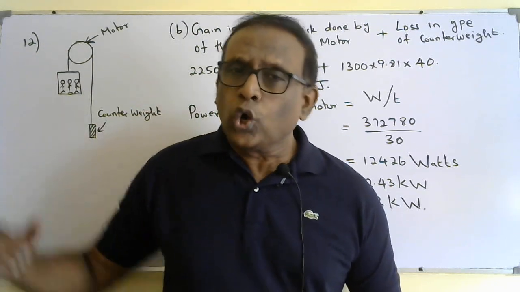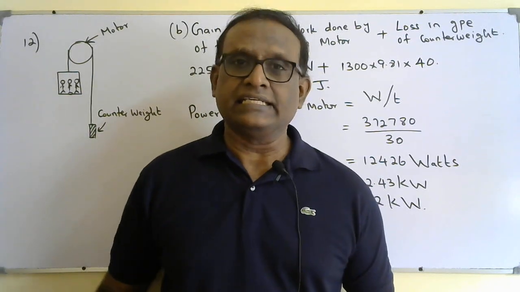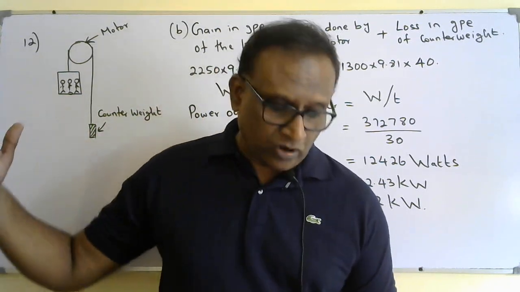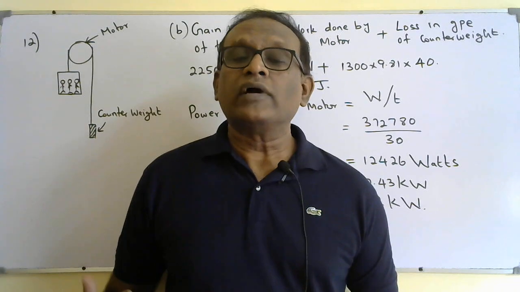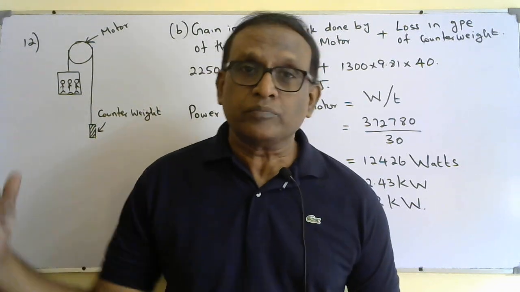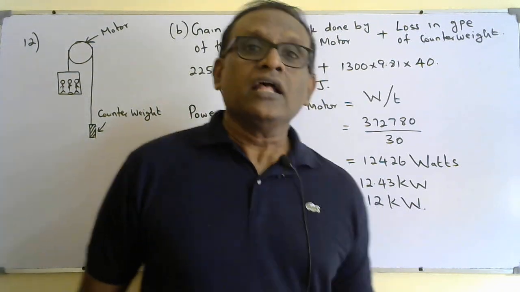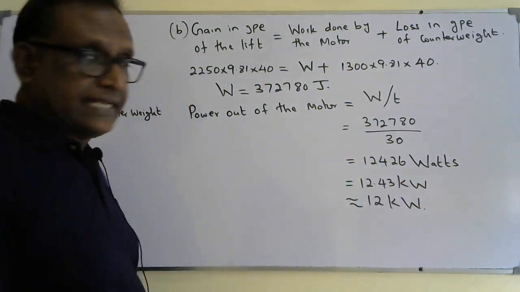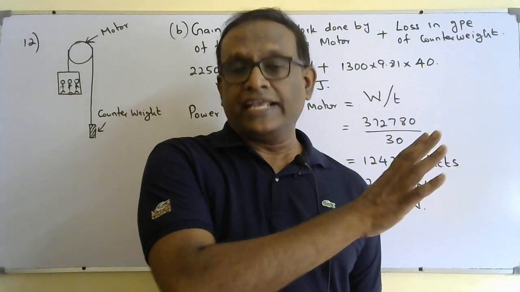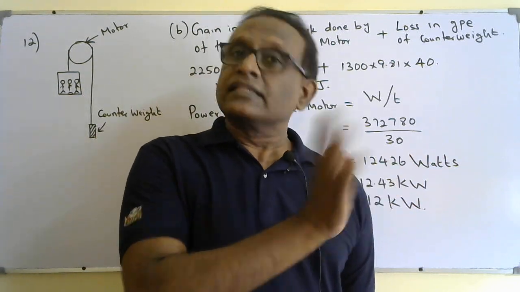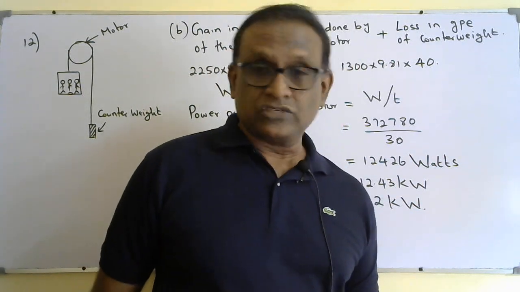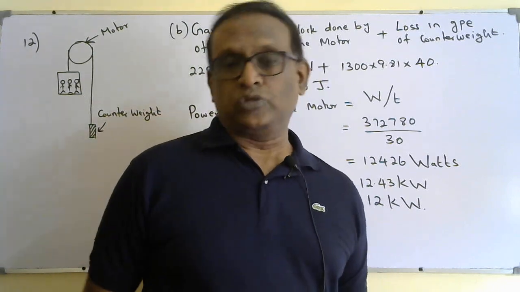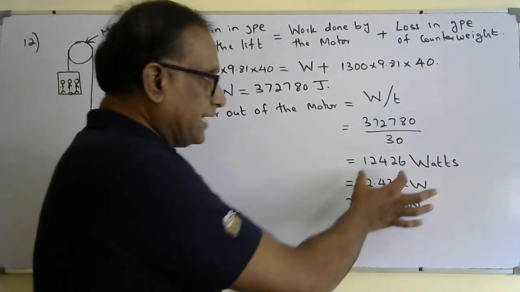So the total input power to the motor will be the useful output power, which is 12,426, plus the power wastage in the form of sound and heat, given as 3600 watts. That will be the total input power. Useful output power is this much.